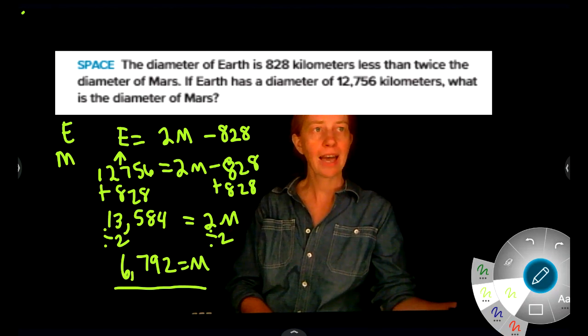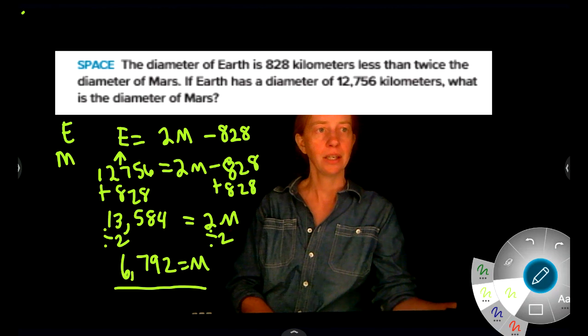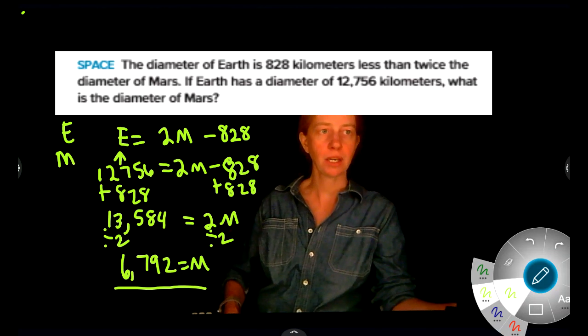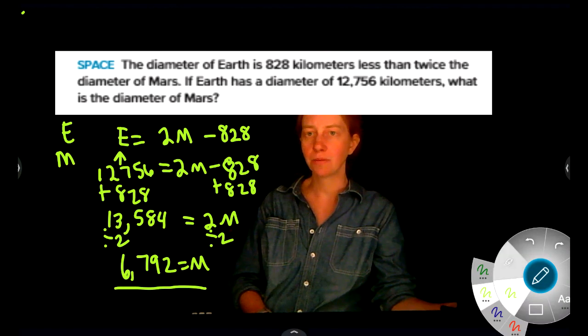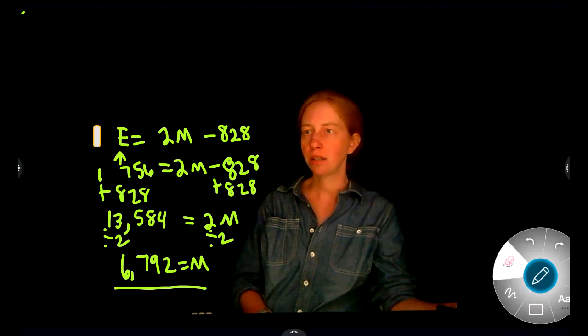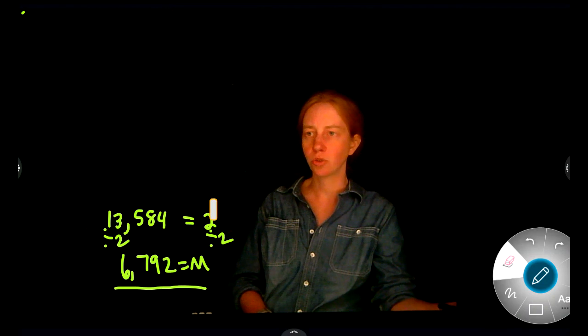Okay. So our last example here is going to be solving for a variable. So let me erase this. If you need to go back, you can pause, you can rewind, you've got lots of choices. But I'm going to write this new problem up. And this is really useful when you're solving linear equations as well.